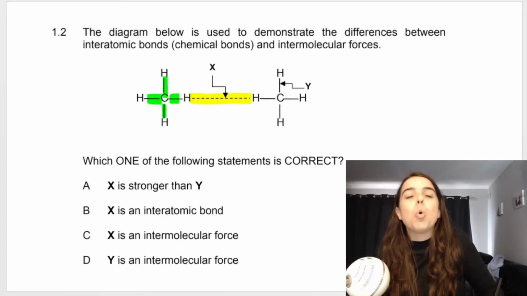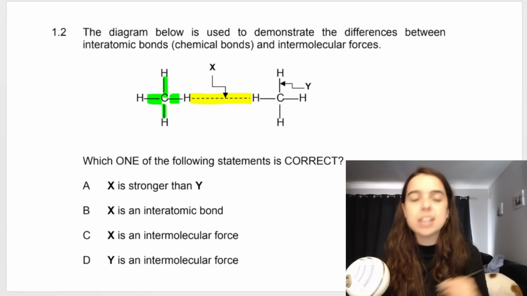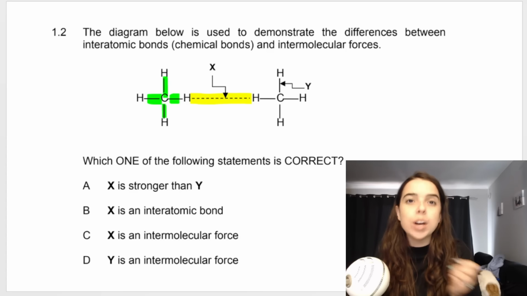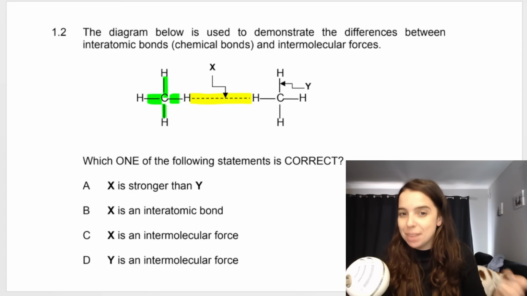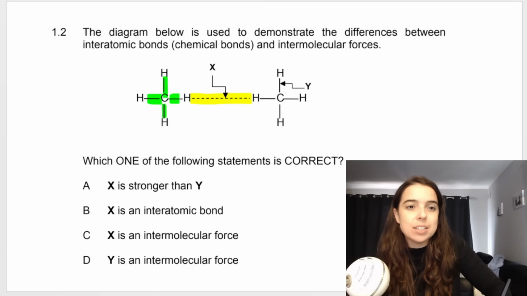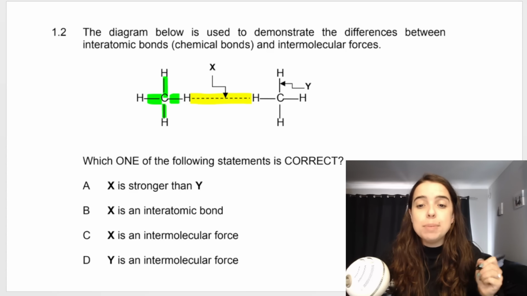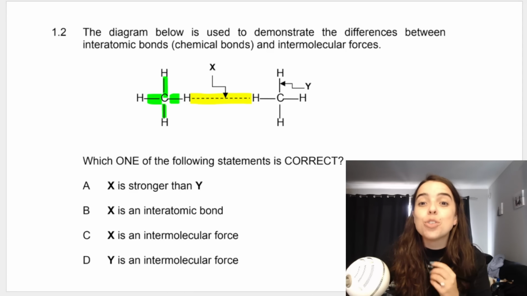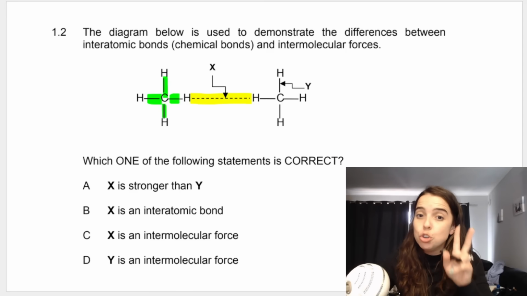One of them is called an intermolecular force, and the other one is called an interatomic or intramolecular force. So they say, which of the following statements is correct? And they give us A, B, C, and D. We have to choose which one is correct. This is multiple choice. It's worth 2 marks.